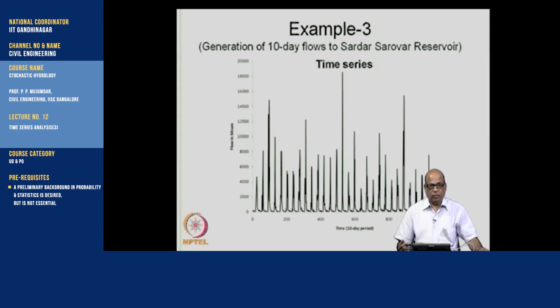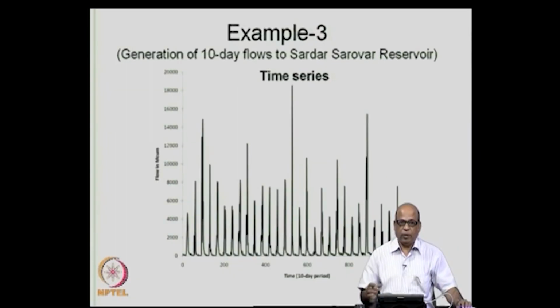As I said, this is a seasonal thermospheric model, where the seasons can be monsoon, non-monsoon, summer, etc., or the seasons can be months, January, February, etc., or in many applications, especially for irrigation reservoirs, hydropower reservoirs, etc., you may be talking about other durations, for example, 10 daily duration, weekly duration, and in certain cases daily duration and so on.